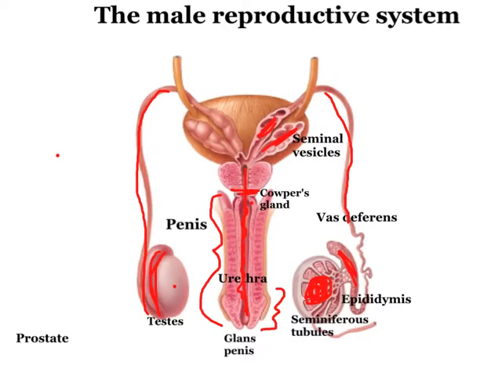The last one that we have here is the prostate. The gland just above the Cowper's gland, right here, is the prostate. The prostate adds prostate fluid to semen. The prostate fluid includes an alkaline substance that neutralizes the acidic vagina.